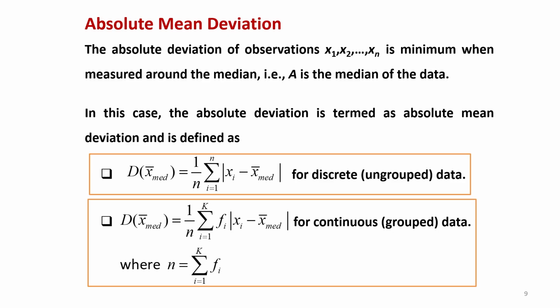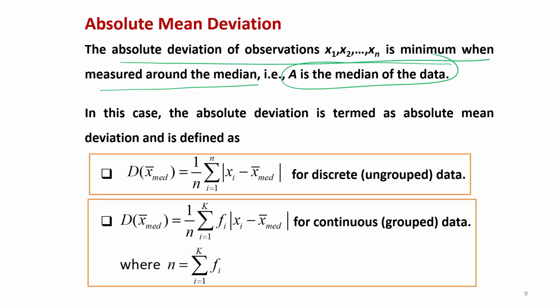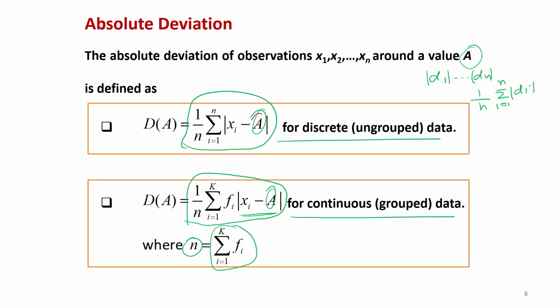If you do some very simple algebra, you can find that this absolute deviation of observations x1, x2, xn is going to achieve the minimum value when it is measured around the median. That is, capital A is the median of the data. So if I replace capital A by the median of the data, here A is now my median, and similarly here A is the median. The only thing is you have to see how you want to calculate the median, based on grouped or ungrouped data.